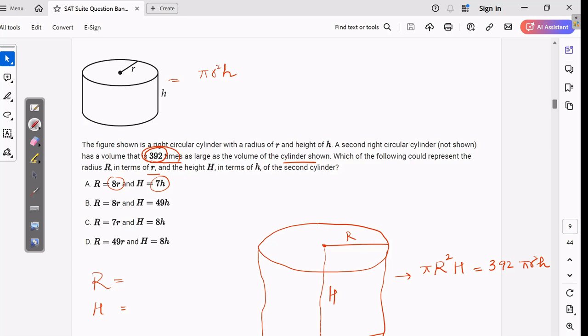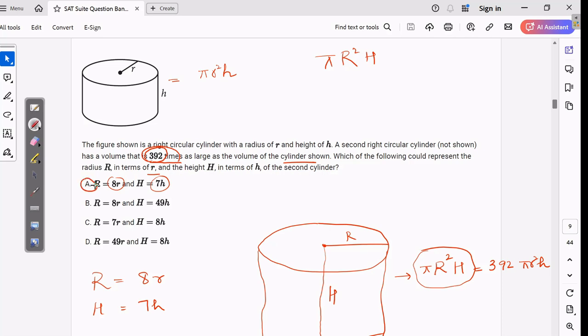I think I'm confused. What happened? Okay, see, just take the bigger cylinder.